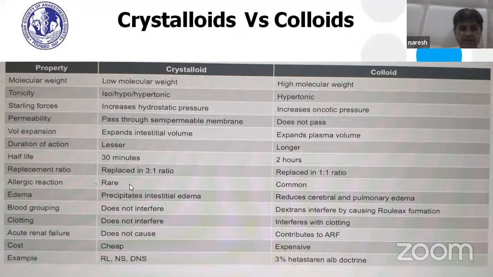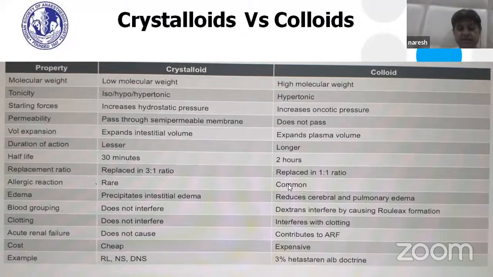Crystalloids have rare allergic reactions. Their principal effect is to increase the interstitial volume and cause edema. They do not interfere with blood grouping, clotting, or coagulation, and they can be given easily in renal failure settings. They are cost effective also. But on the other hand, with colloids, allergic reactions are common.